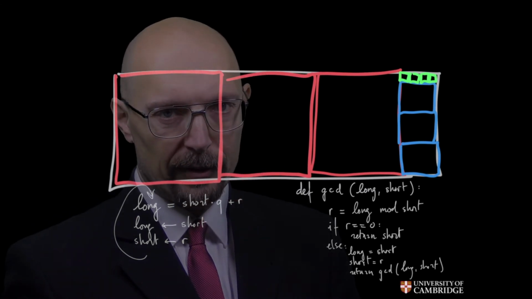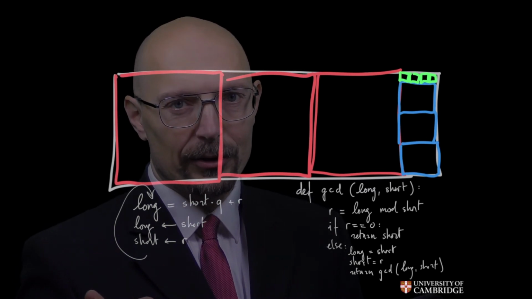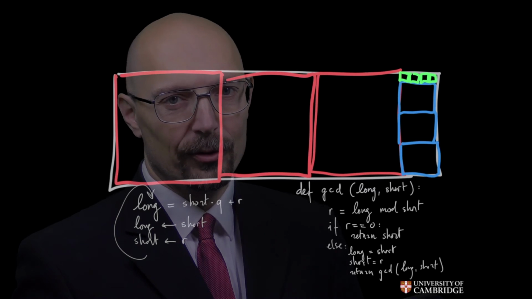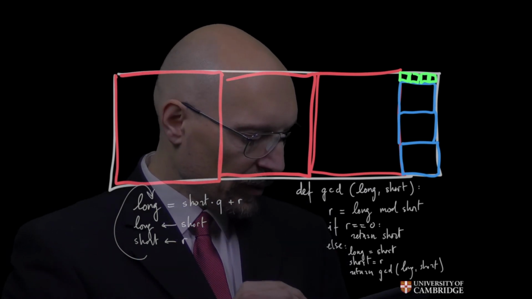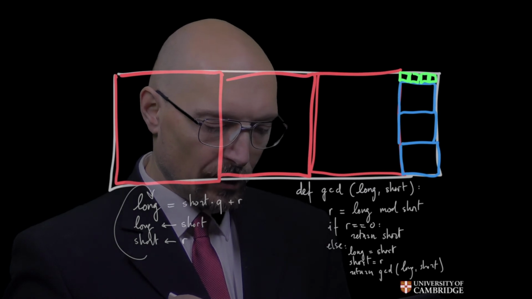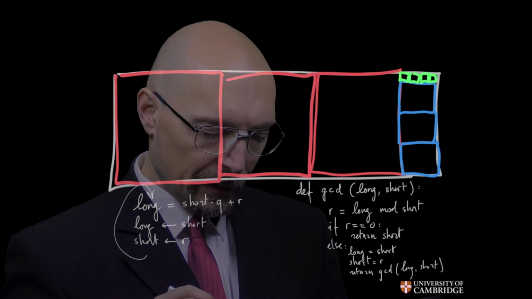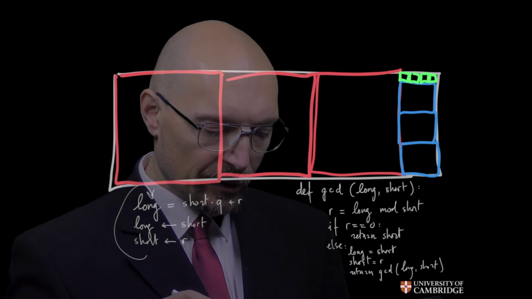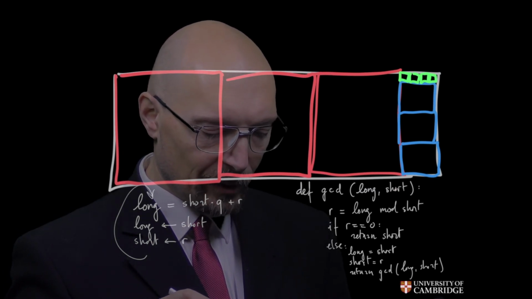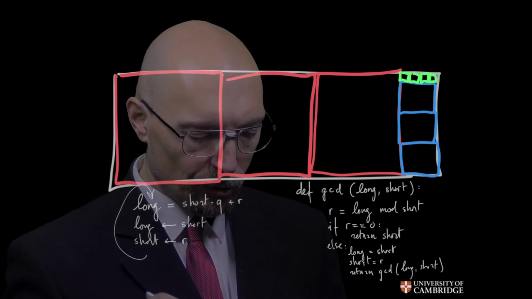So here I have written out divide and conquer pseudocode, a recursive version of Euclid's algorithm, where I get my rectangle with a long and short side, and I try to fit in the short side as many times as possible, and what's left over is the remainder. Remainder equals long mod short.